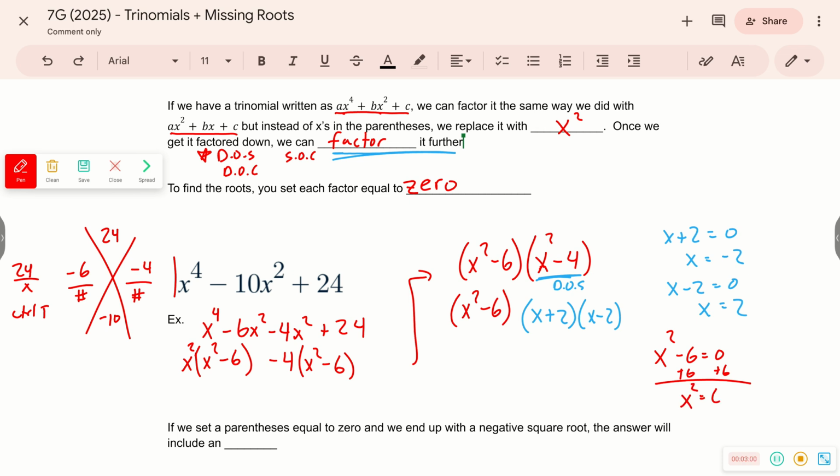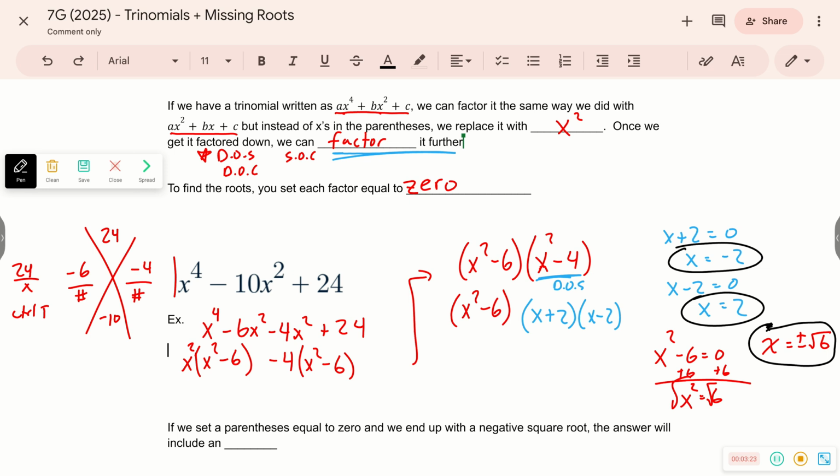We get x squared is equal to 6. We root it. And remember, if we root something, we have to take the positive or negative. So our last roots are going to be positive or negative the square root of 6. So we end up with 4 roots: negative 2, 2, positive or negative square root of 6.